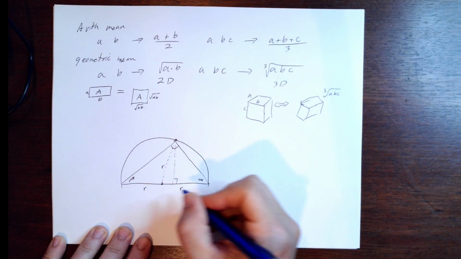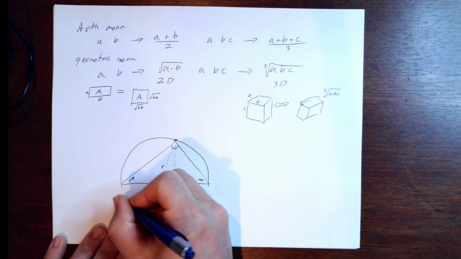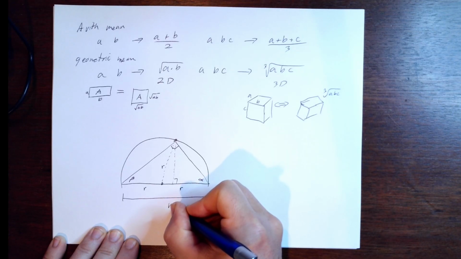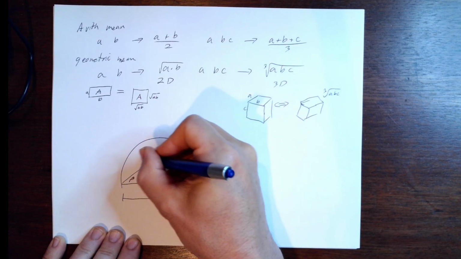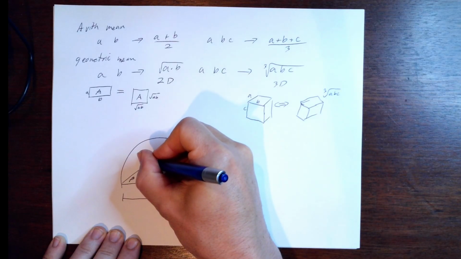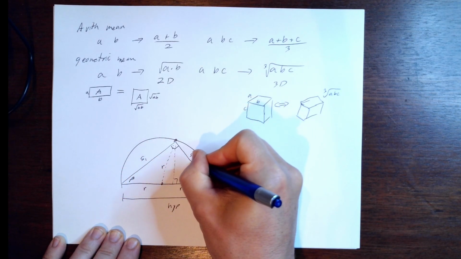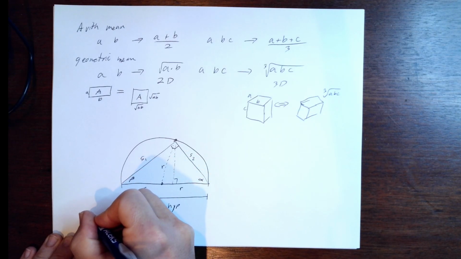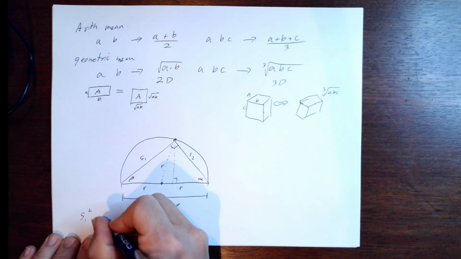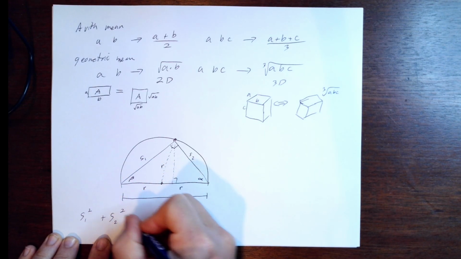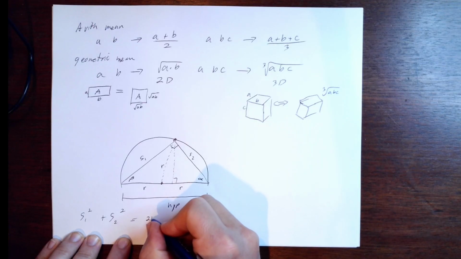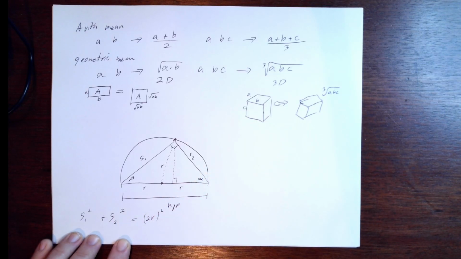So I have the hypotenuse down here, and I have side 1 here and side 2 here. Perhaps I can show that side 1 squared plus side 2 squared is equal to the diameter, or the hypotenuse squared, which is going to be (2r) squared.